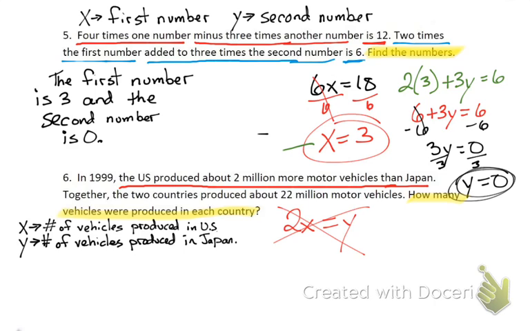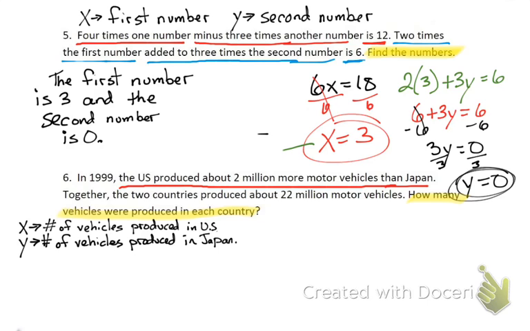That is wrong, because what you're saying is take x, which is the number of vehicles the U.S. produced, and multiply it by 2, and you're going to get how many vehicles Japan produced. But you got that backwards, because you don't want to multiply how many the U.S. produced, because they produced more. It says the U.S. produced 2 million more vehicles than Japan. So the 2 million more is going to be put with Japan.